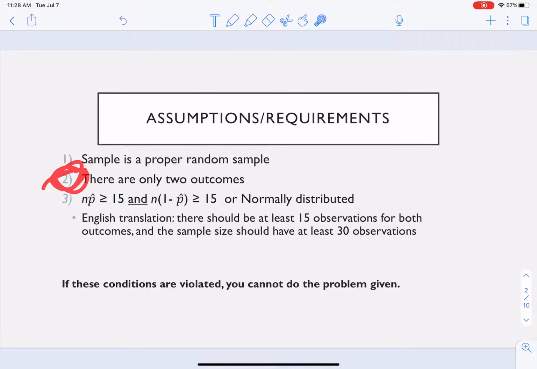The second one is that there are only two outcomes. In this case, we're looking at proportions, and this rule set is more or less for proportions. There are only two outcomes, meaning that if we go back to that brown thrasher example, we were looking at the proportion of brown thrashers and the proportion of everything else, not getting specific with the everything else.